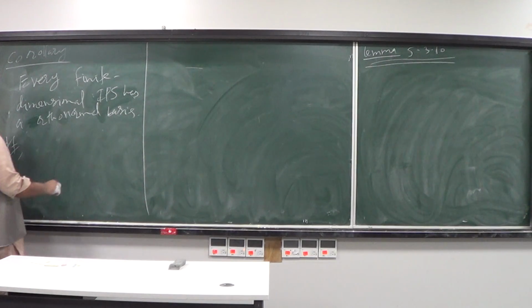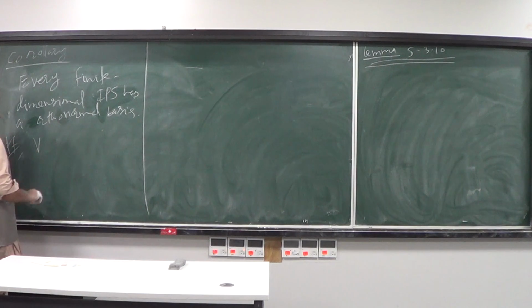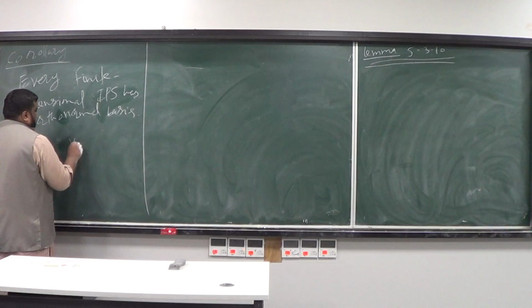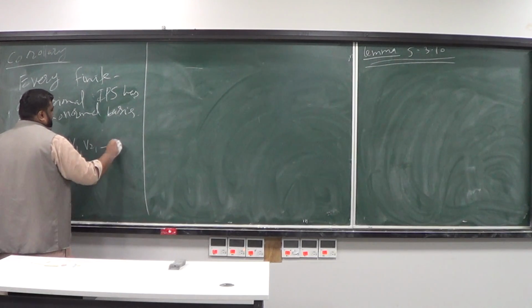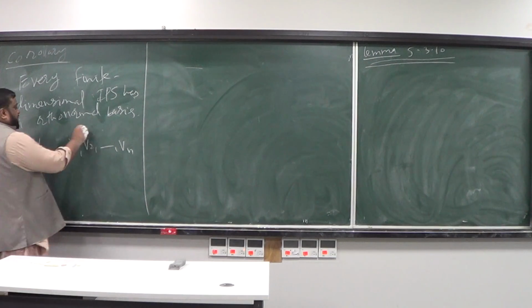So imagine you have an inner product space whose basis is v1, v2, up to vn, for example. It's an n-dimensional vector space whose basis is this.